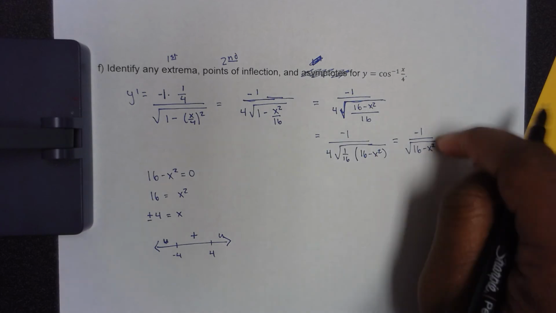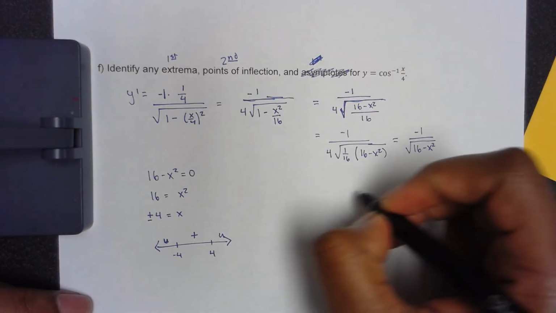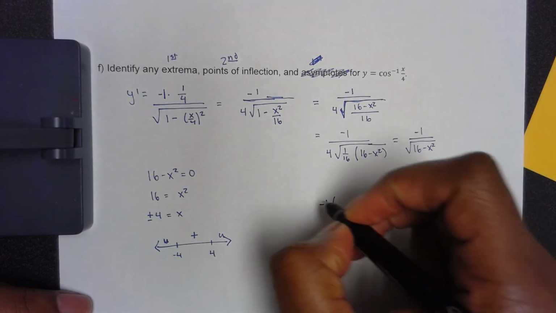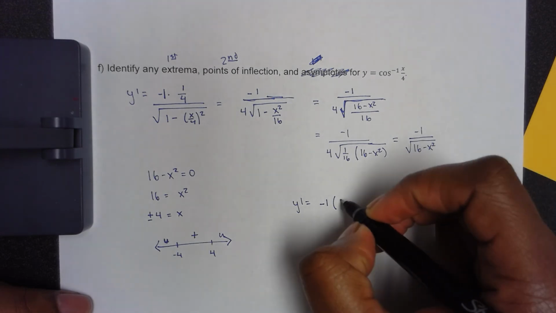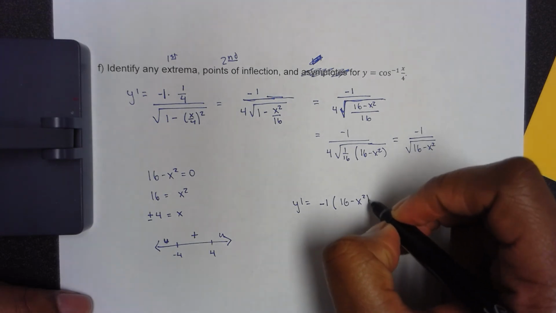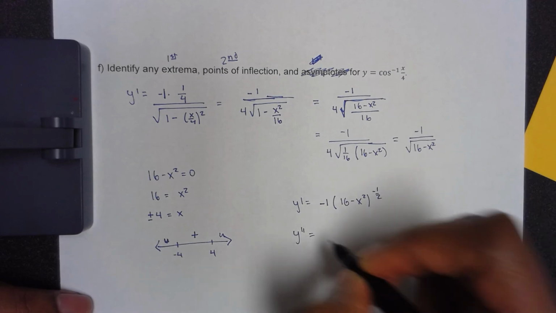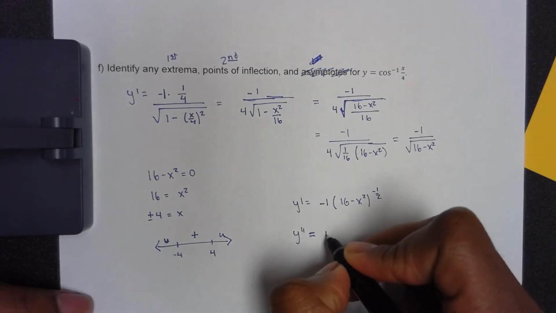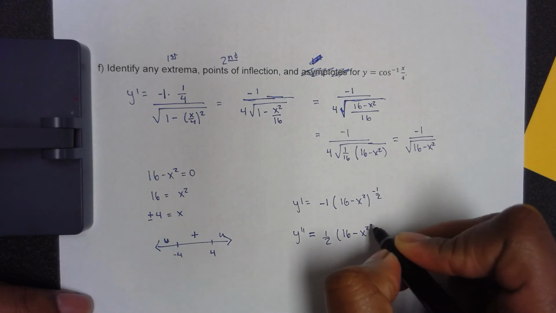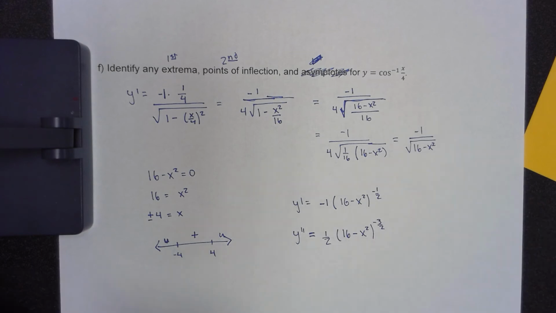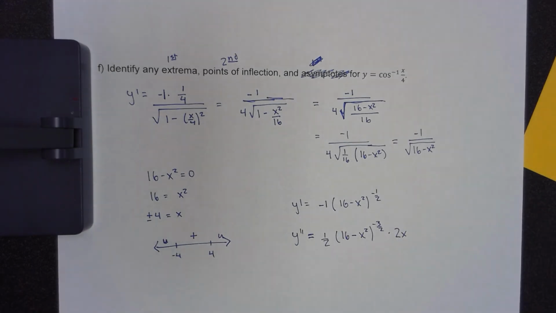If we take the second derivative to find points of inflection, we can rewrite the derivative as y prime equals negative 1 times 16 minus x squared to the negative 1/2, so that the second derivative is positive 1/2 times 16 minus x squared to the negative 3/2 times 2x because of the chain rule.